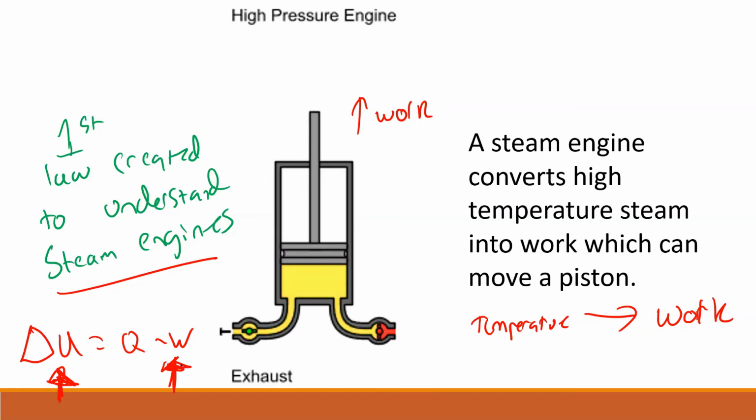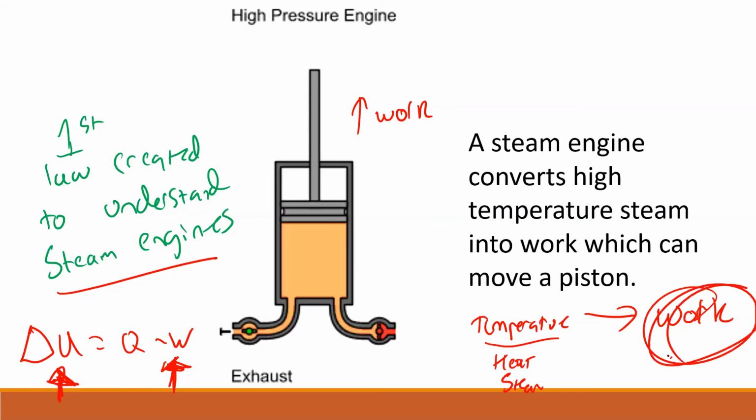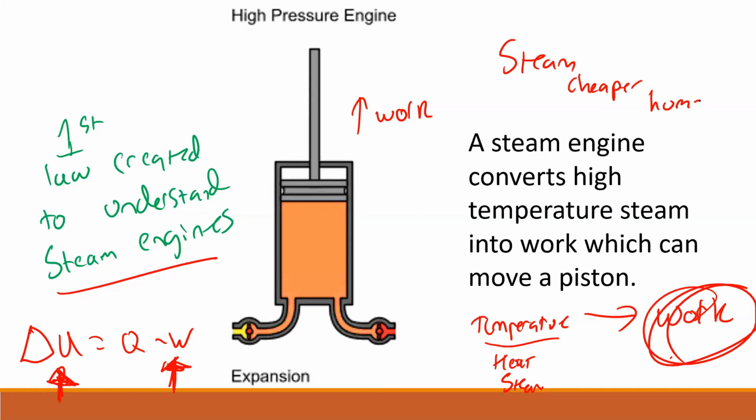And that's what the steam engine did, is it turned that temperature, that heat, that steam that was easy to make into work. And ultimately, steam is cheaper than humans. And that's why the Industrial Revolution started, and that's what allowed humans to do more complicated tasks, because ultimately the steam engine can do the basic ones.